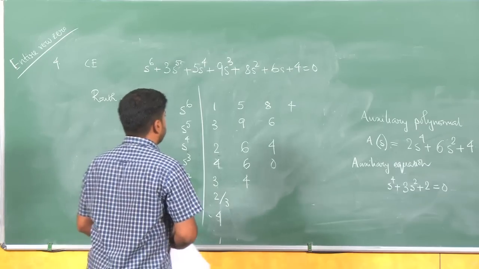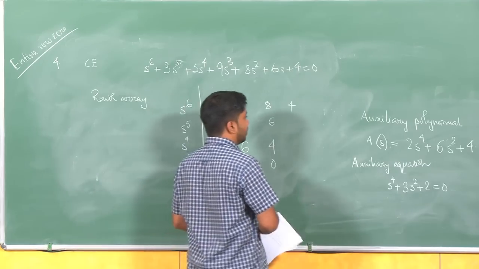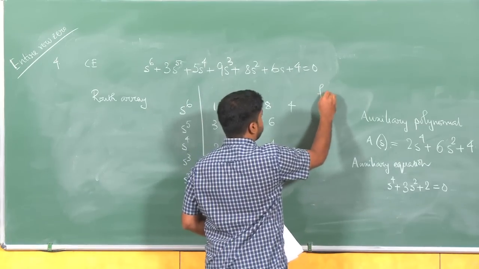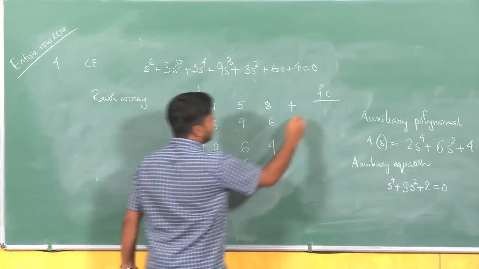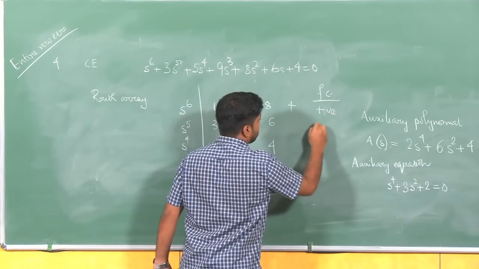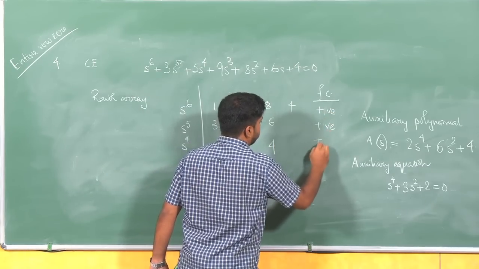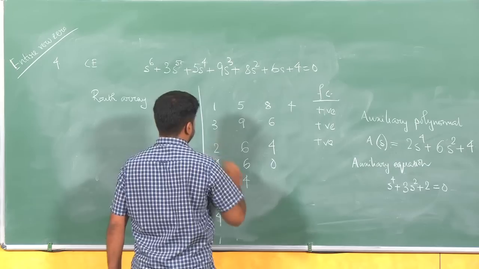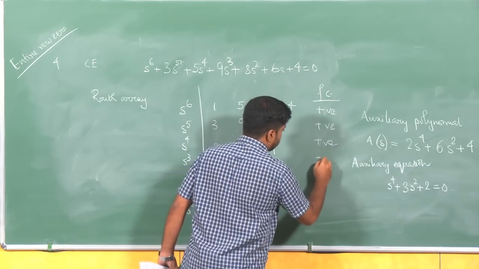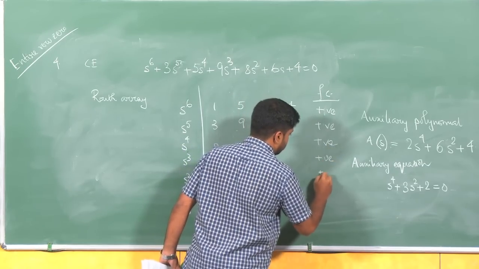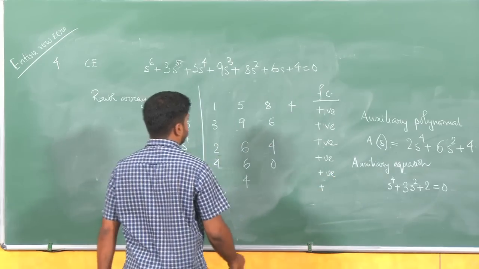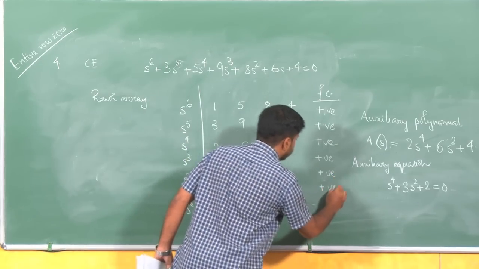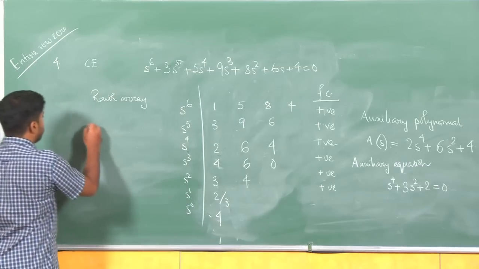Okay. So, just consider the first column. So, there are no sign changes. So, all the terms are positive, positive, positive, positive. So, there is no sign change.